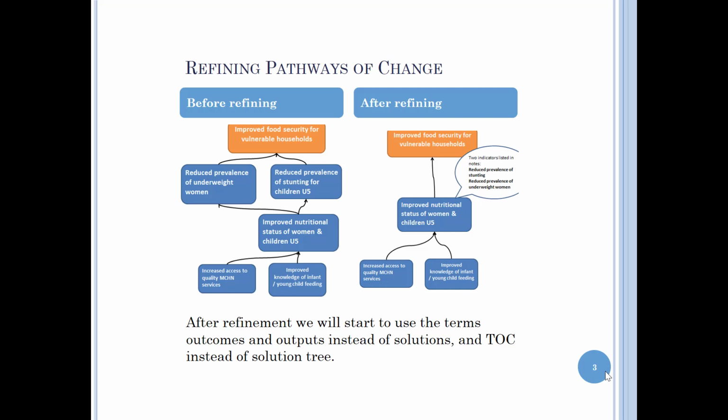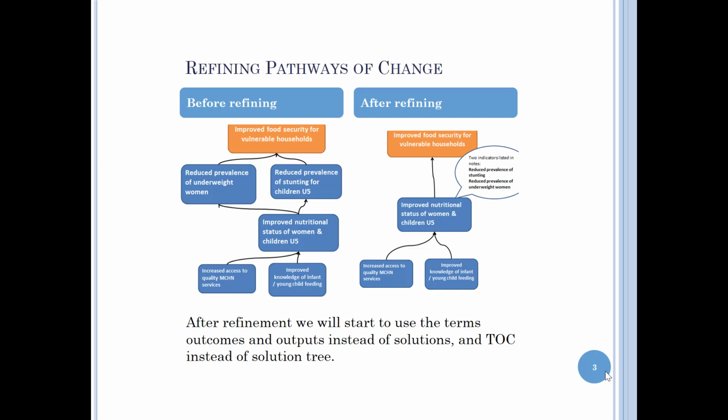So in the course of brainstorming, you included them thinking they would be solutions, when in fact they are just indicators in this example. So you can just take them out and you will not disrupt the logic of your solution tree. You keep them as indicators for the outcome, for the solution, improved nutritional status of women and children under 5.